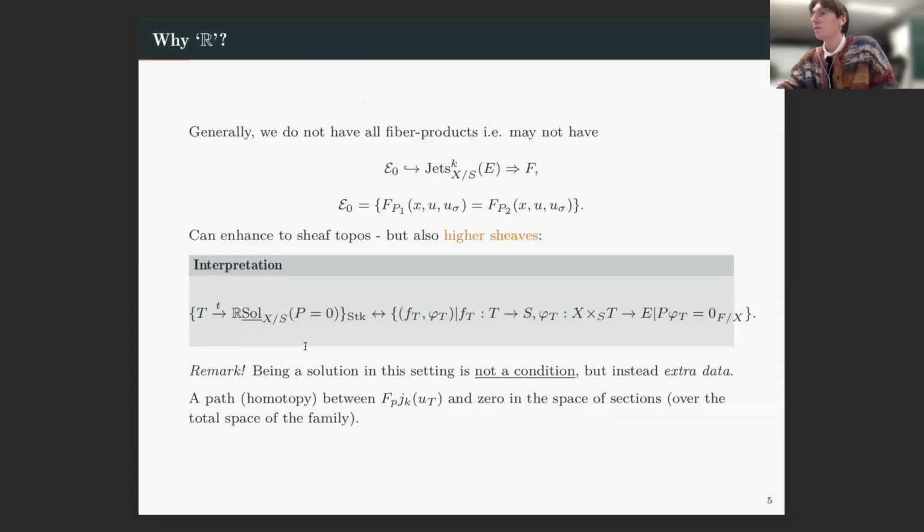Okay. And so why should we be working with such general objects to begin with? Why this boldface R without really giving you details about it?